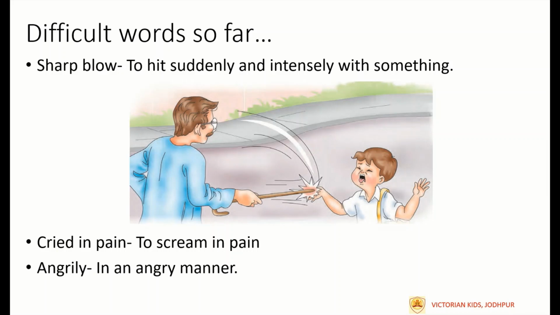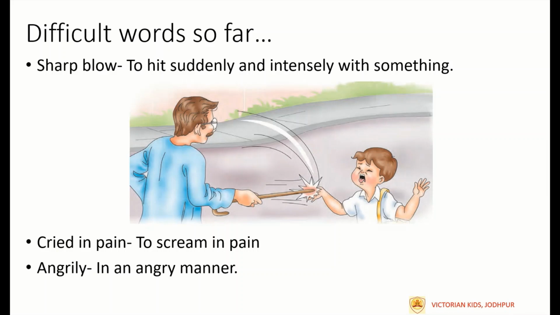So far, we have read that Mr. Roy decides to teach the boy a lesson. He asks him if he wants the chocolate bar, for which the boy puts his hand forward. Mr. Roy, instead of giving the boy a chocolate bar, hits him hard on his hand with his stick, which makes him scream out of pain.